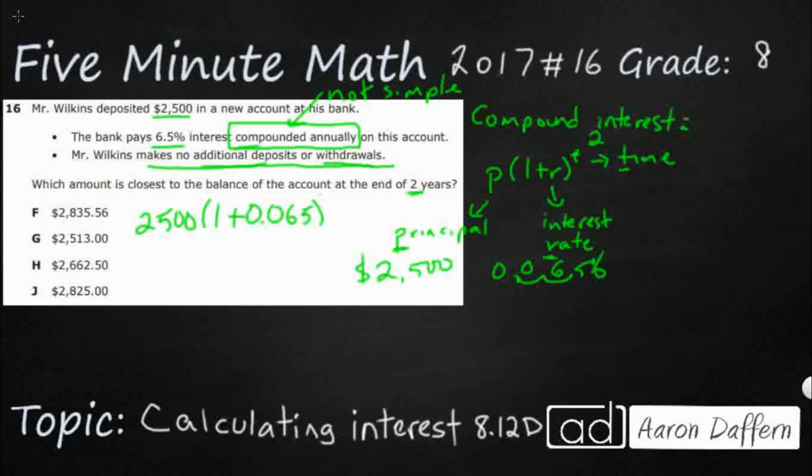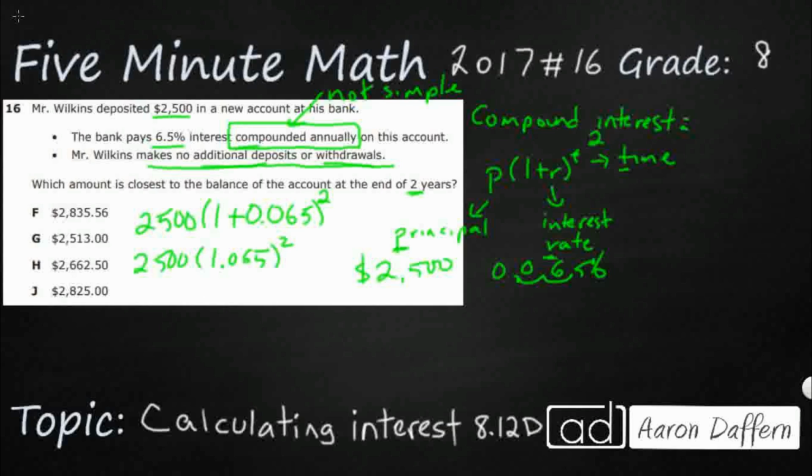And then I'm going to square it, because we've got the time is 2 years. So 2,500, 1.065. So I need to take care of that exponent first if we're thinking of our order of operations.